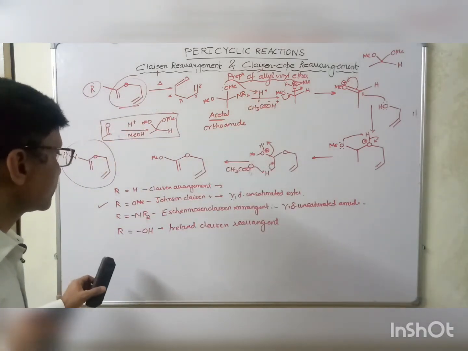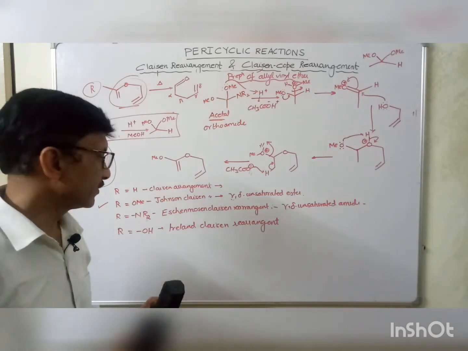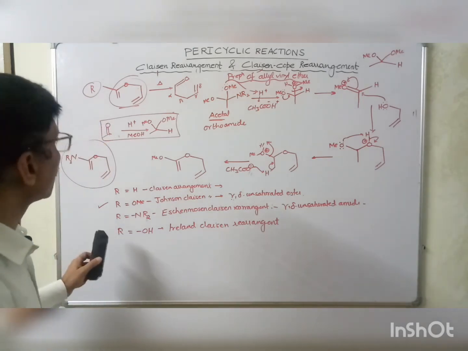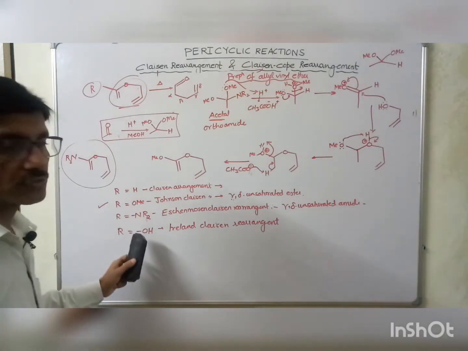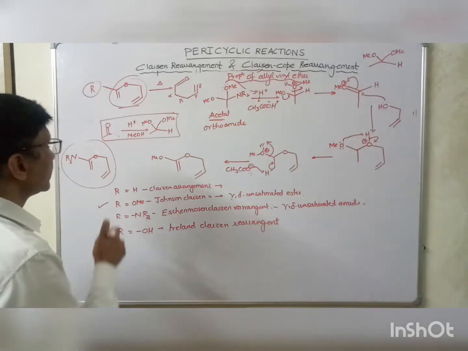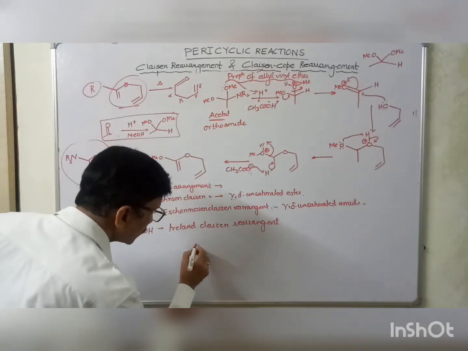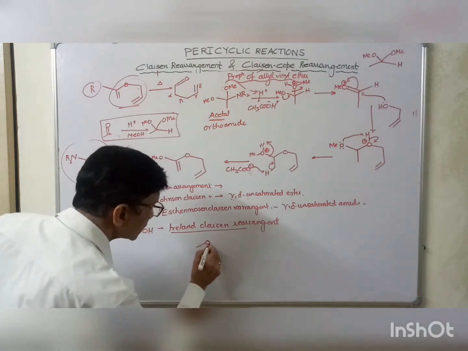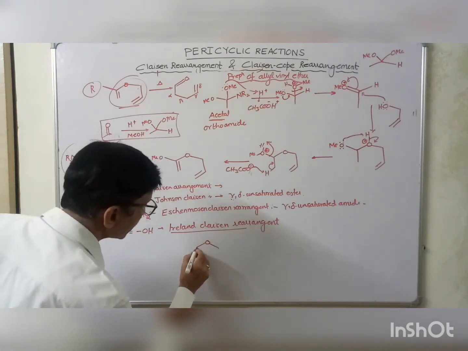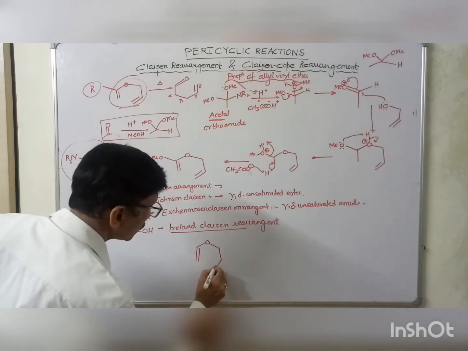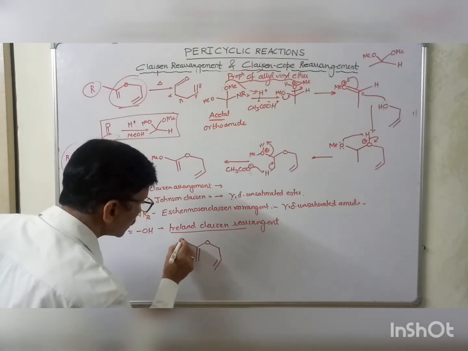Now the last case is the Ireland-Claisen rearrangement. In the Ireland-Claisen rearrangement, in place of R we should have this OH. The substrate molecule that you will have is this one.